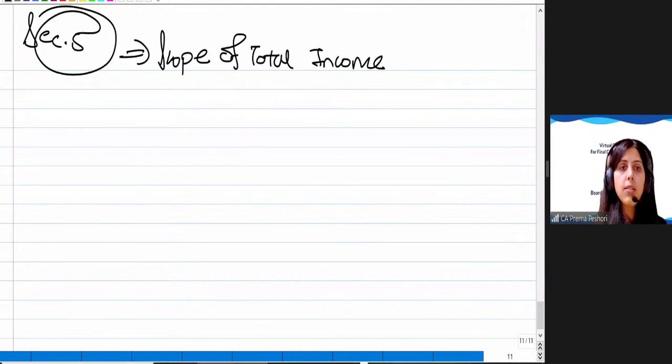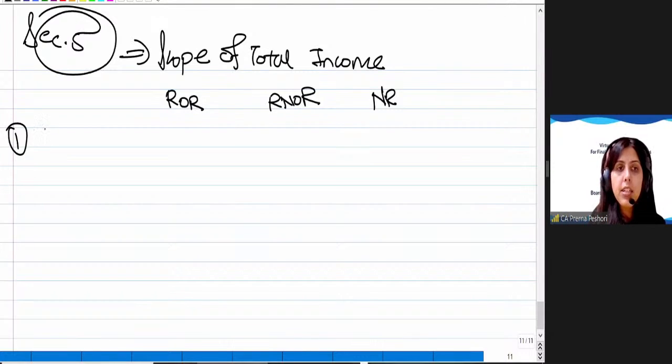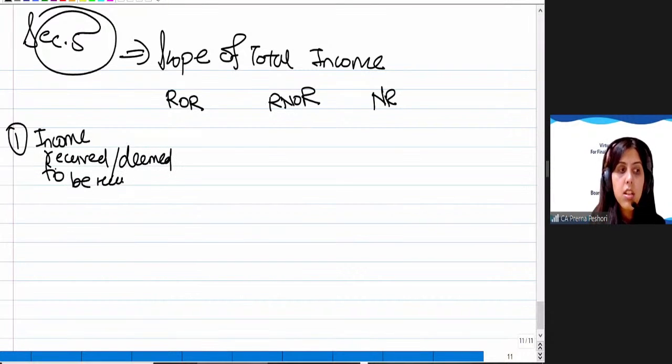So ROR, RNOR and NR. Clear? First income category: income received or deemed to be received in India.